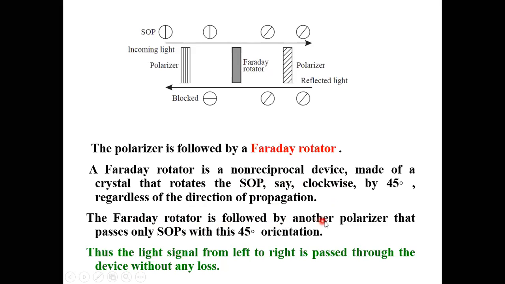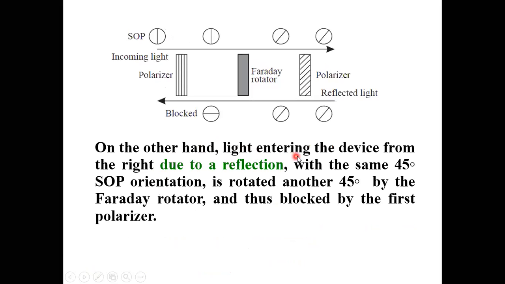The Faraday rotator is followed by another polarizer that passes only SOP with the 45-degree orientation. Thus, the light signal from left to right is passed through the device without any loss. On the other hand, the light entering the device from the right, this ray they are talking about, due to reflection with the same 45-degree SOP orientation, is rotated by another 45 degrees by the Faraday rotator.